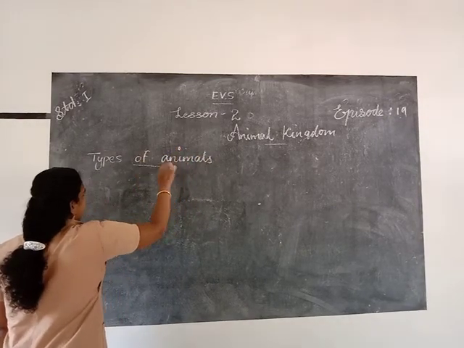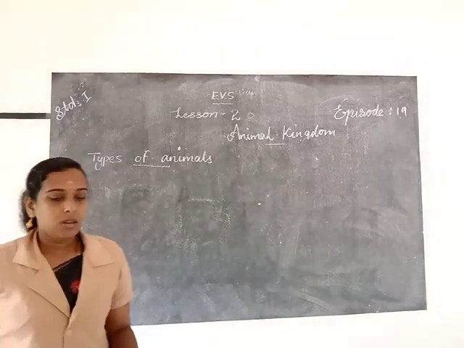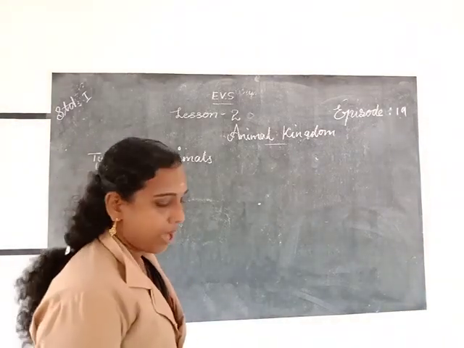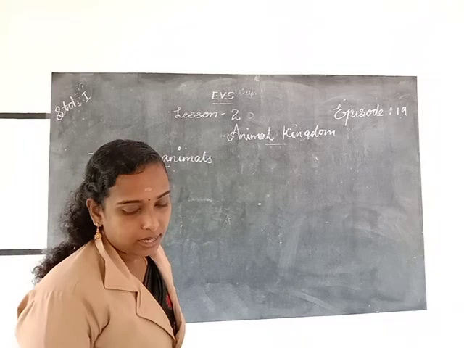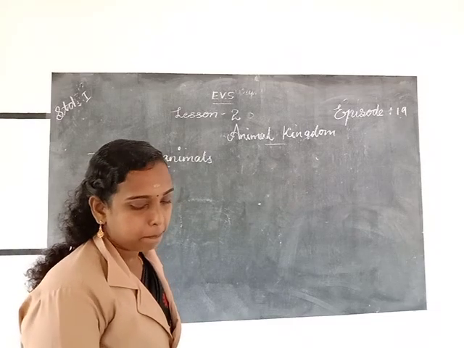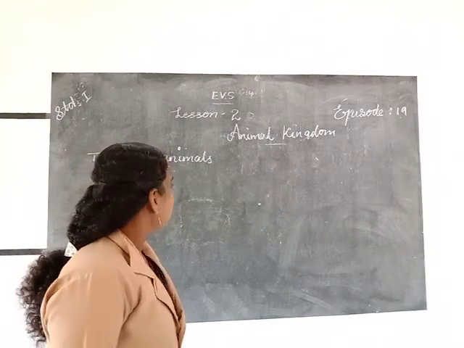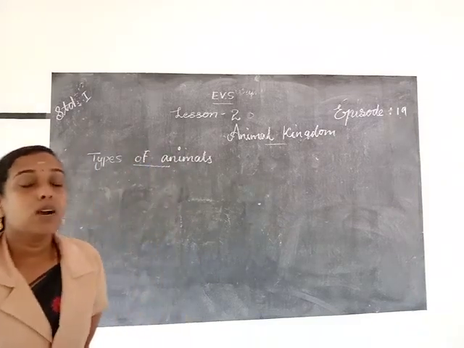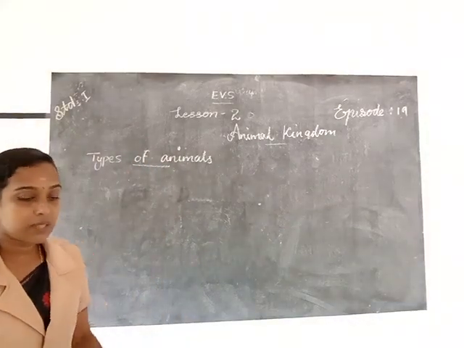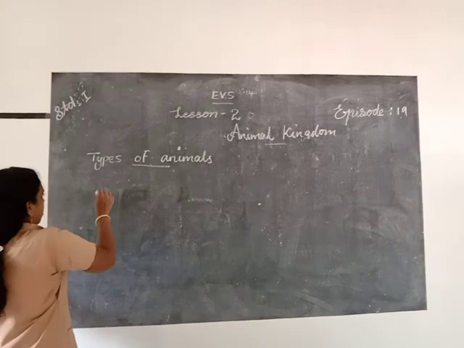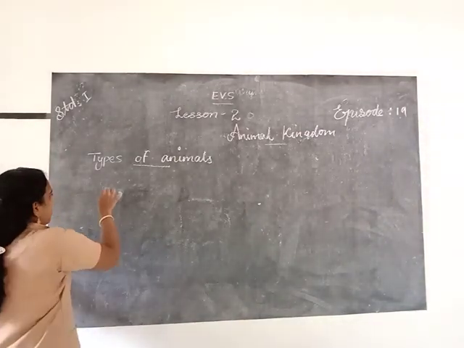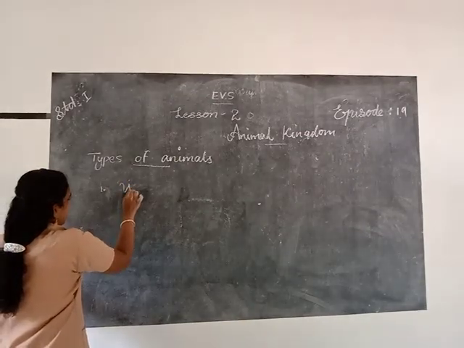First, we look at the types of animals that live on land. So the first type of animal is wild animals.